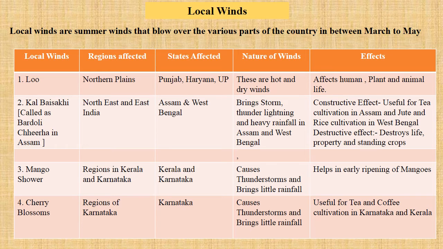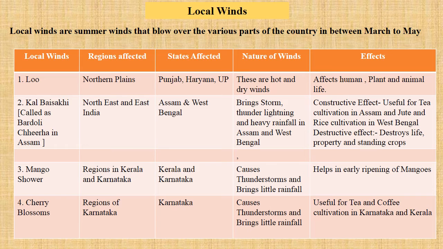Now let's go to cherry blossom. Cherry blossom again blows in Karnataka. It causes little thunder. It does bring rain, but it is less rain, little rain. And this rain is useful for tea and coffee cultivation in Karnataka and Kerala.